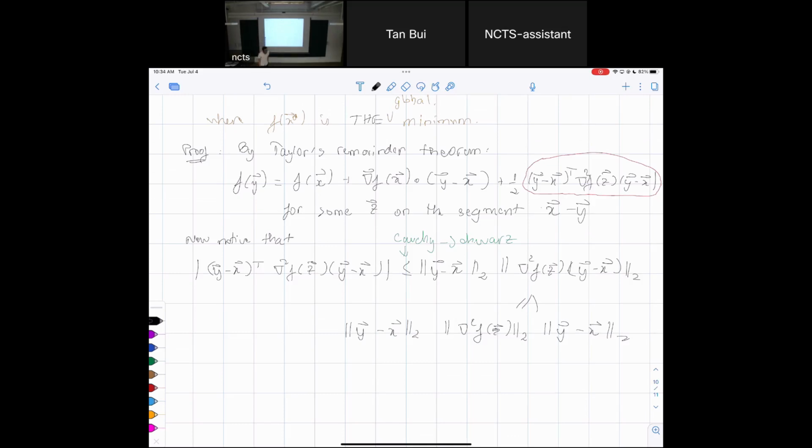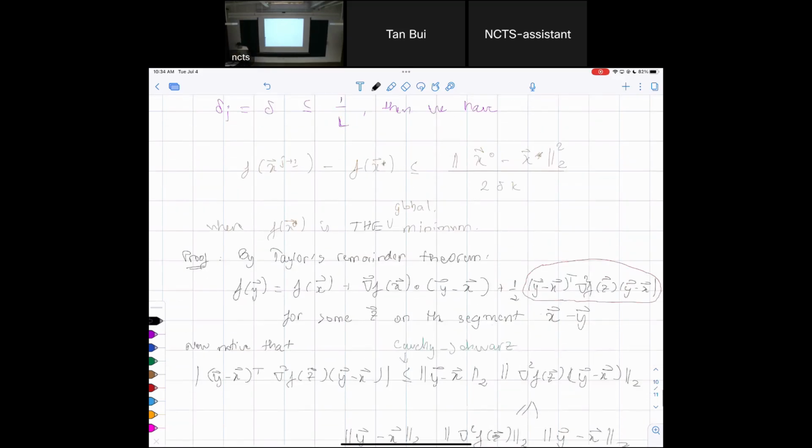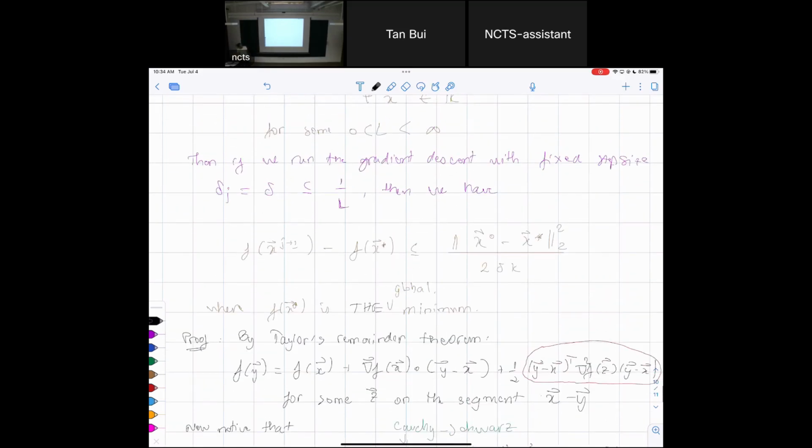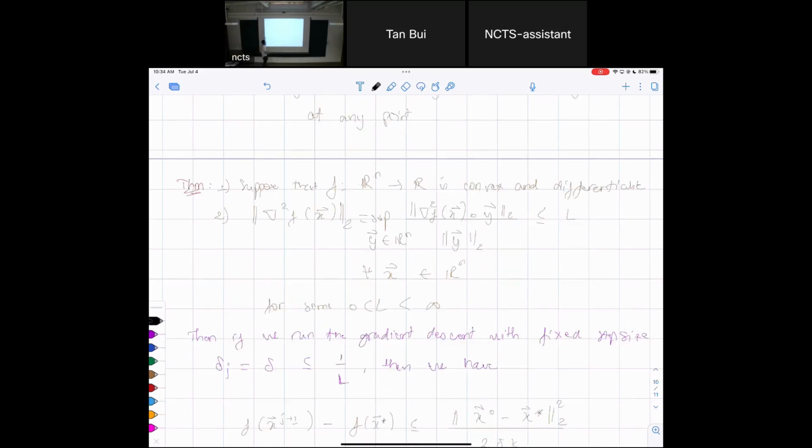That's correct. We just use the definition of the norm of the Hessian here, right? So the supremum. Remember, the norm of this is a supremum of this one. So of course this is less than this times this, because this is a supremum. Okay, very good.